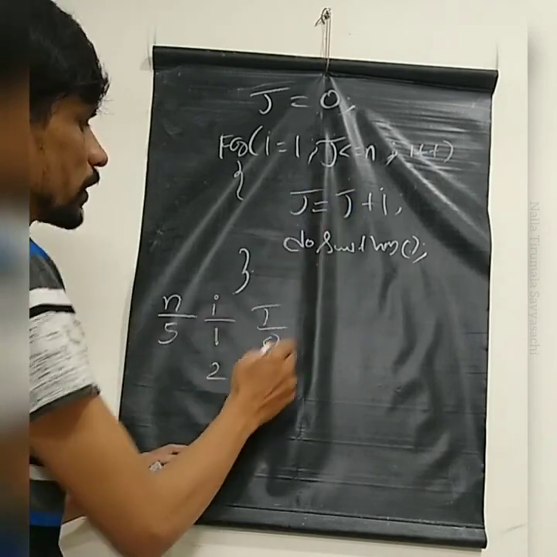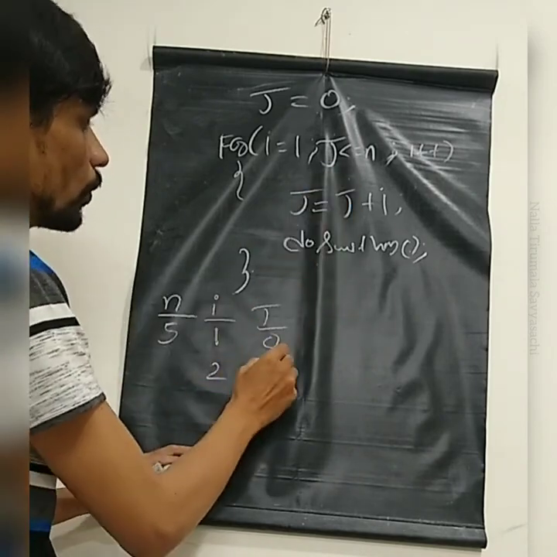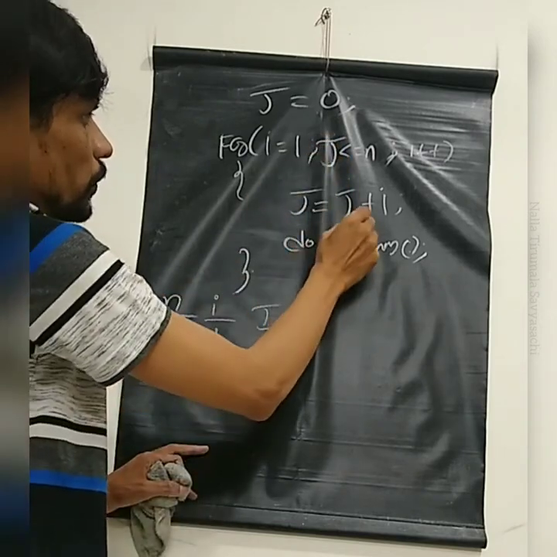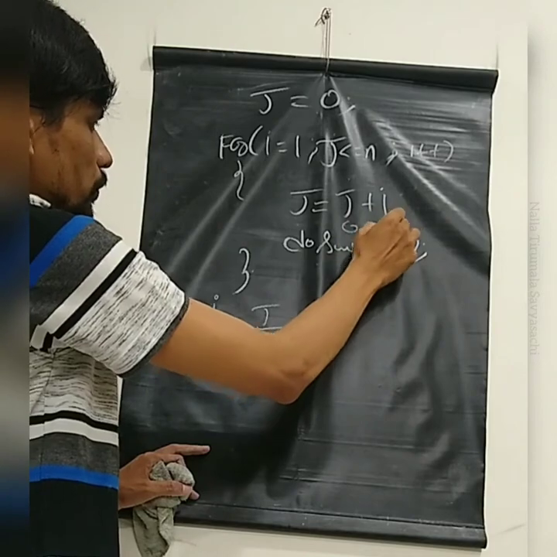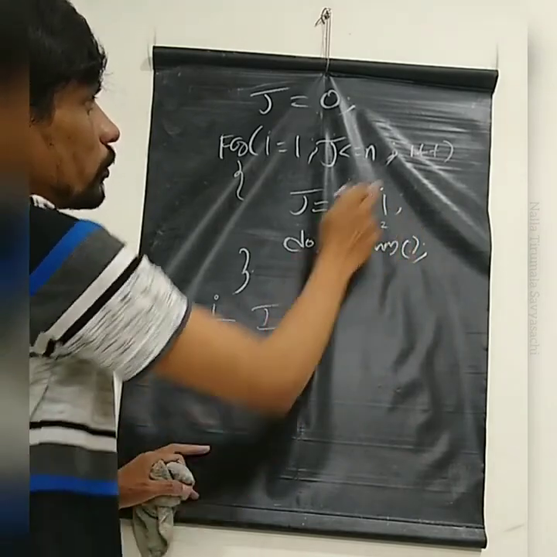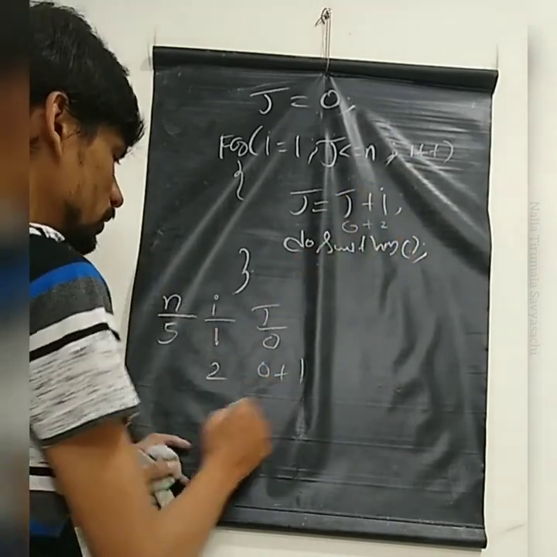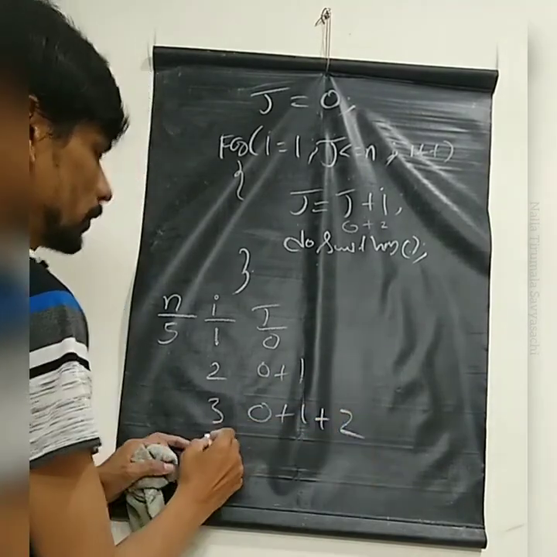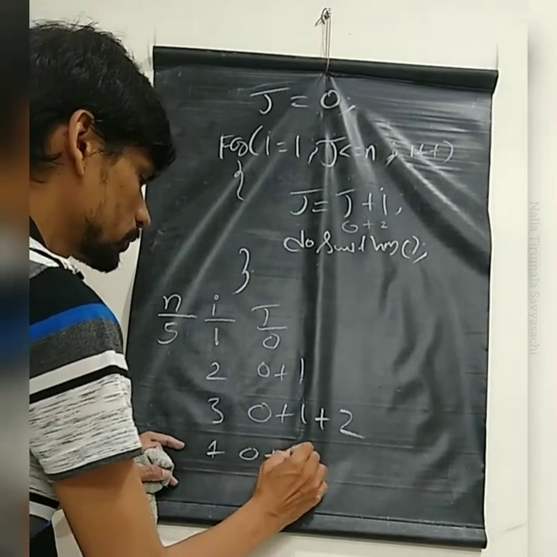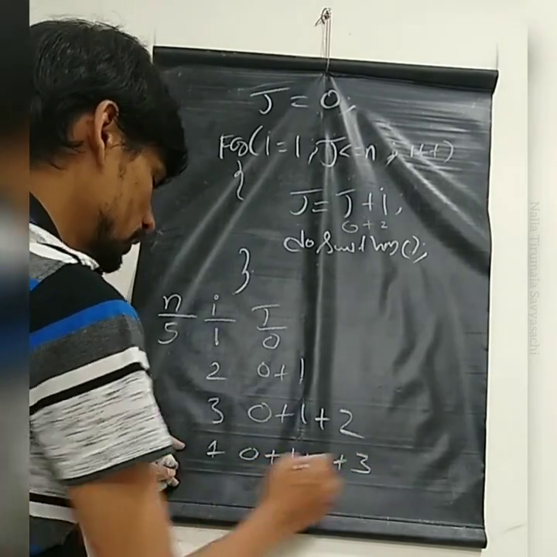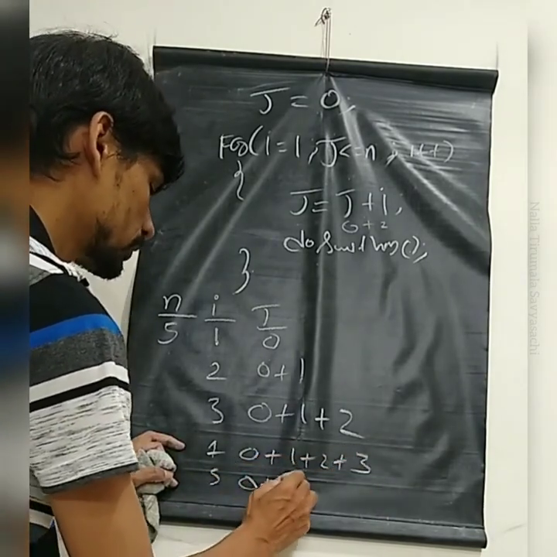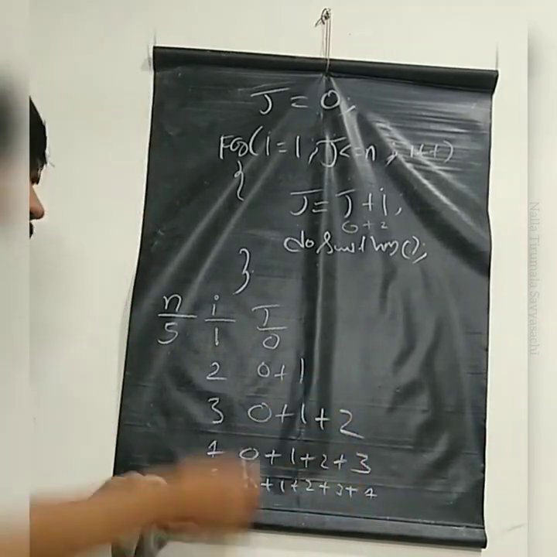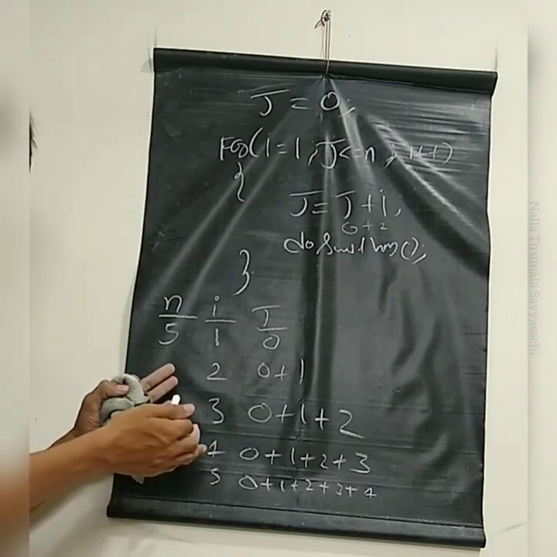What will happen? j equals j plus i: 0 plus 1, then 0 plus 1 plus 2, then 0 plus 1 plus 2 plus 3, then 0 plus 1 plus 2 plus 3 plus 4. So this pattern will repeat, right?